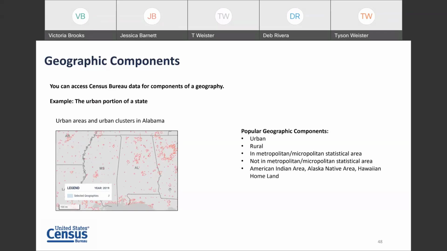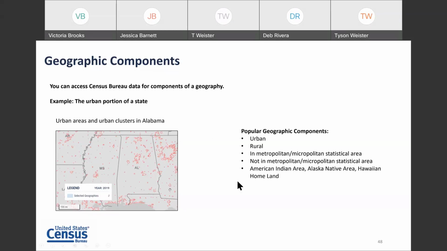When you access data for a geographic component, you would be accessing data for a single number for the entire urban population within the state of Alabama. So it wouldn't be an individual cluster you would be looking at. It would be the totality of all of the red within Alabama you're seeing on the screen.